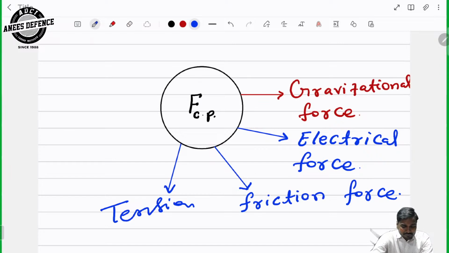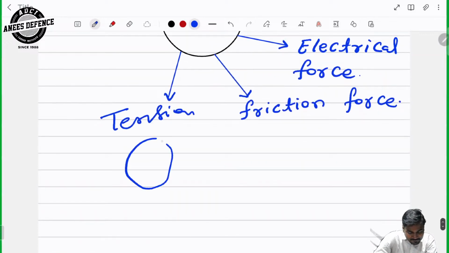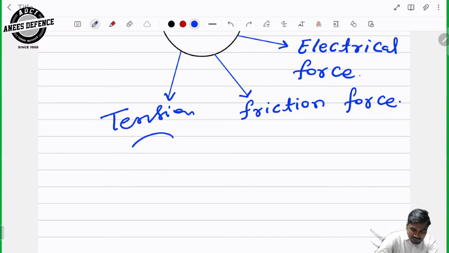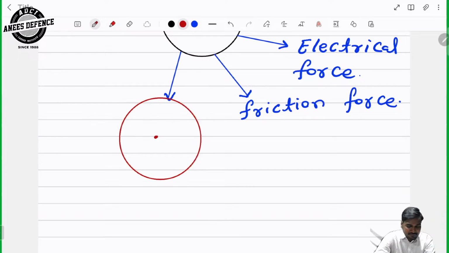In which applications will that be tension? Just consider an object moving on a circular track, but that object is attached with a string.